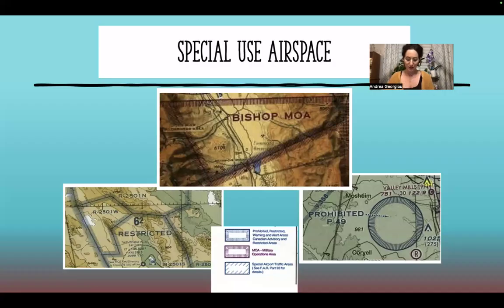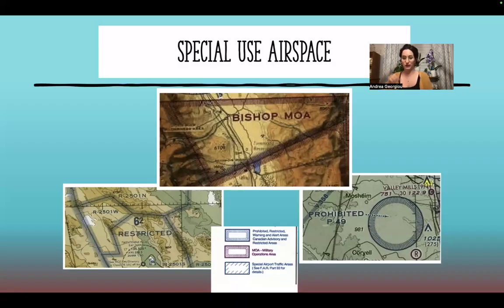So let's go to prohibited areas, chapter 3-4-2. Prohibited areas contain airspace of defined dimensions identified by an area on the surface of the earth within which the flight of aircraft is prohibited. Highlight the word prohibited. You have to have permission to fly in prohibited.